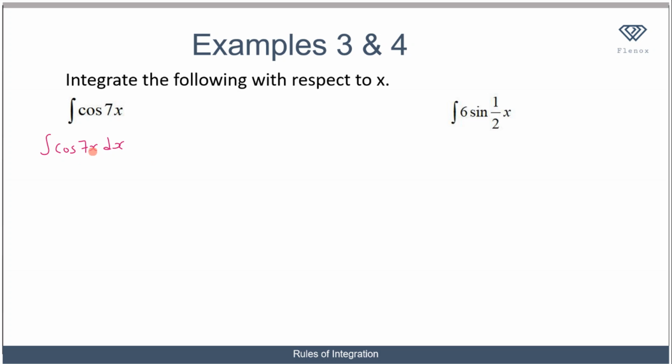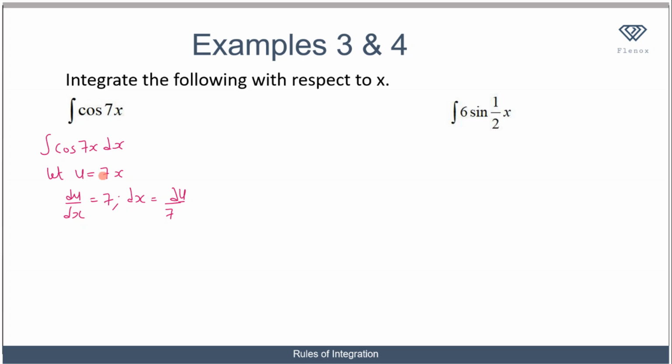So what do I have to do? I have to replace what is here by just a single variable. So I say let u be equal to 7x. So I know that my du over dx will be equal to 7, and my dx will be equal to what? du over 7.